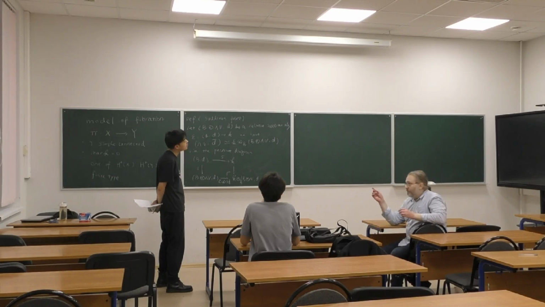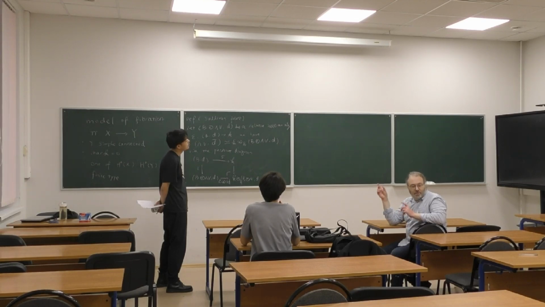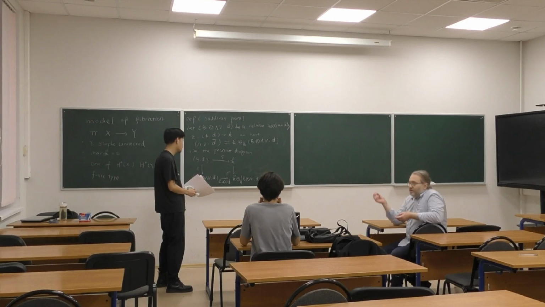So suppose we have a push-out diagram. Suppose that all three objects are cofibrant, and one of the arrows, but not the other one, is a cofibration. Then the diagram calculates the homotopy push-out, meaning the regular push-out is the homotopy push-out.